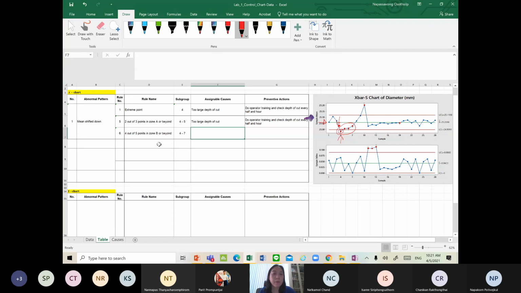And the assignable cause is the same. Now you are finished with this pattern.